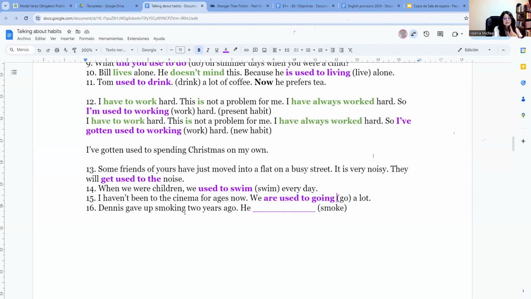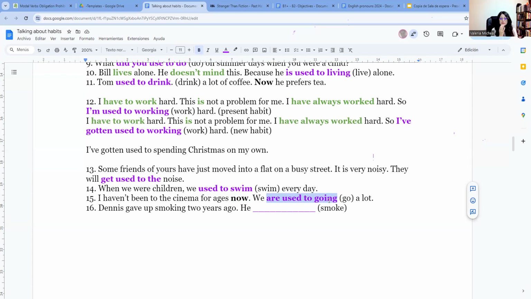Now, look at this. "I haven't been to the cinema for ages now." It's an expression, but it says now. And I told you, when you have words like now, nowadays, in the present, currently, you are making a contrast between the present situation and the past situation.